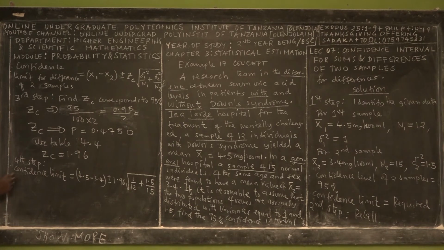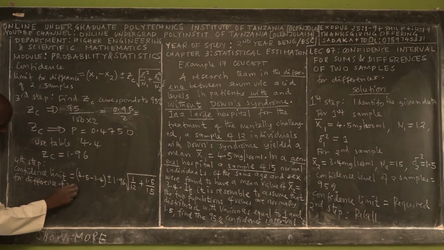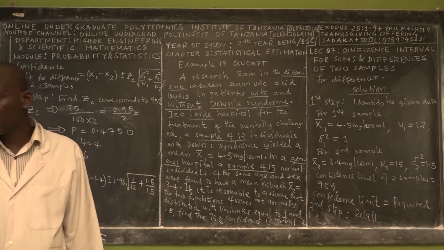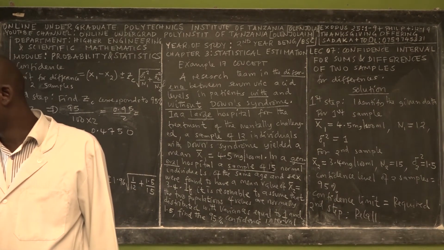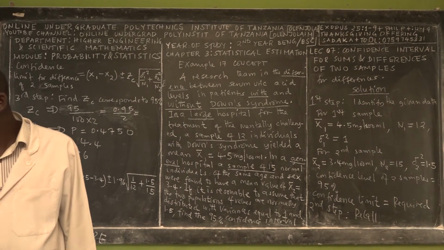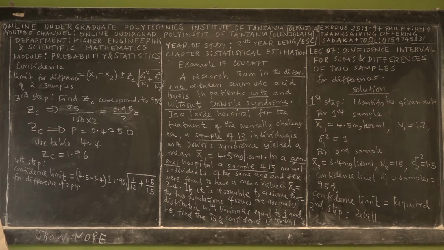So the confidence limit for the difference of two populations. Use your scientific calculator to do the computation. The response will be 1.1 plus or minus 0.84.